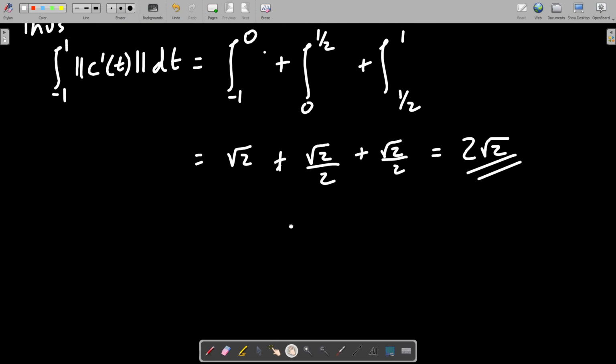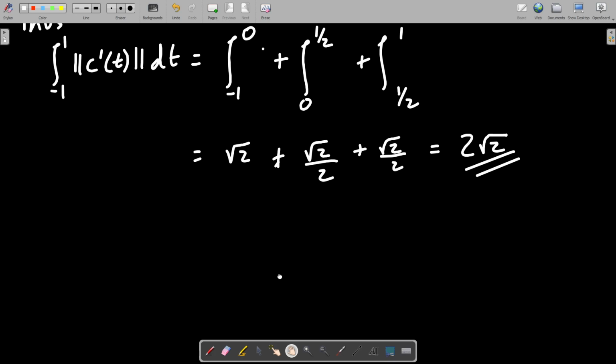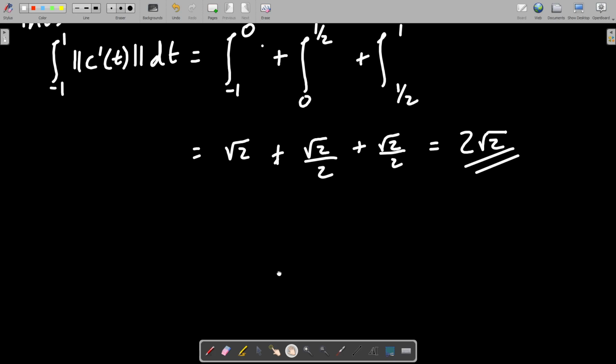Clear? Yeah, now for the diagram which I didn't draw. How will this picture look?